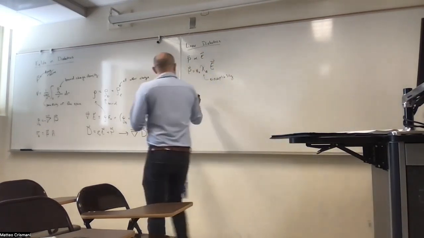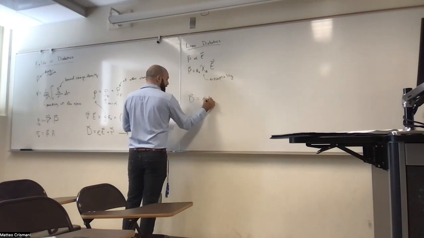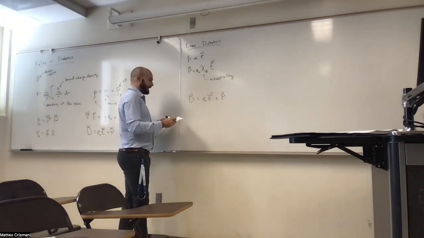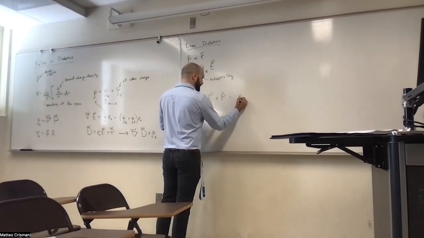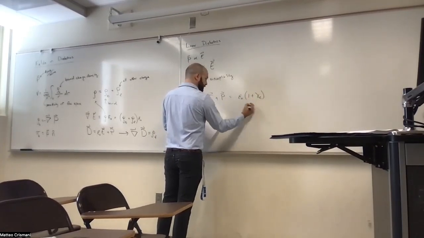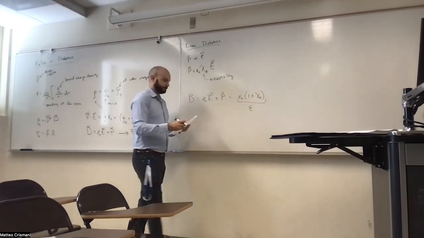So we can clarify this more. We can say that D is equal to epsilon naught E plus the polarization. And we can redefine this one so that we can say epsilon naught times 1 plus this here is going to be epsilon.